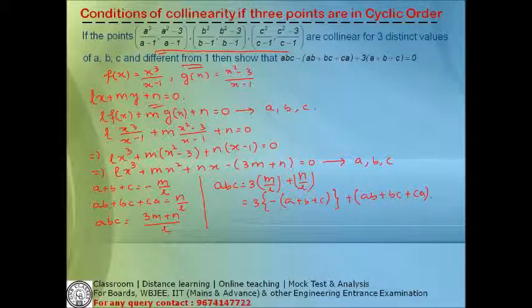So taking all those things on one side, we are going to get abc plus ab plus bc plus ca plus 3 times (a plus b plus c) equals 0. Getting my point? So we got the proof that we were asked to prove, the show that part, isn't it?